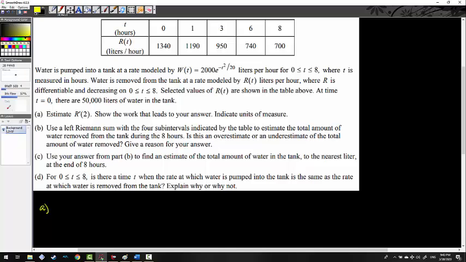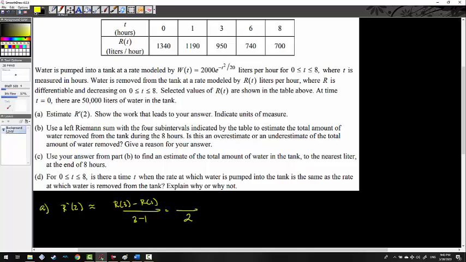So A, R prime of 2 is going to be approximately equal to a classic Algebra 1 slope problem. We don't have a time equals 2, so I'm going to squeeze that 2 in between 3 and 1. Those are the closest relatives to it. So I'll say R of 3 minus R of 1 over 3 minus 1.